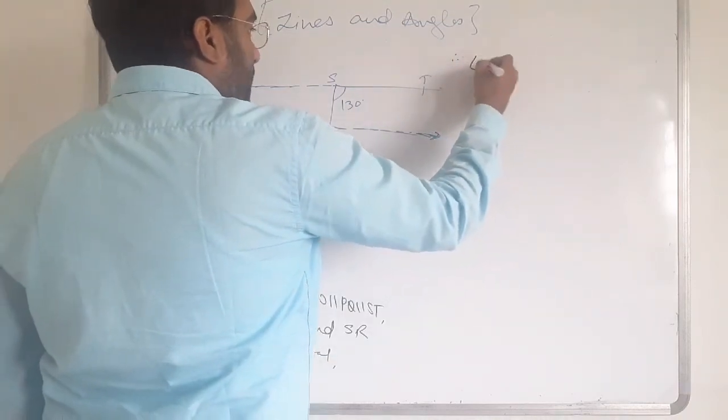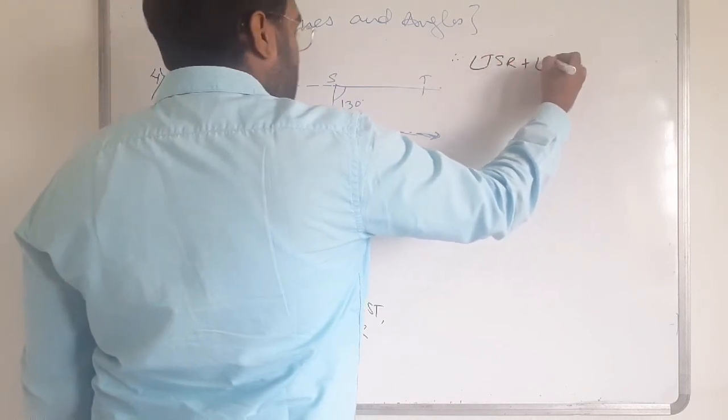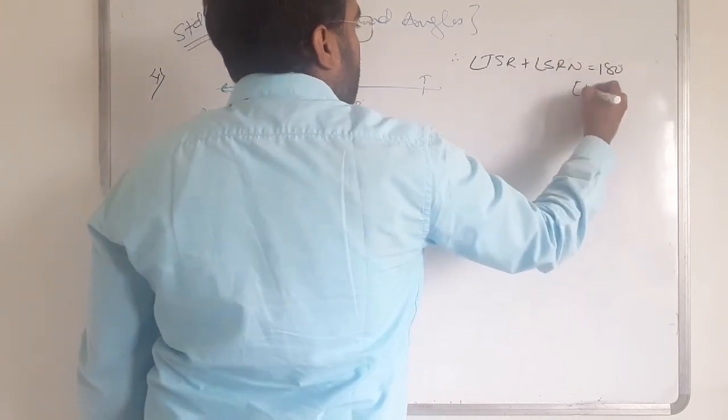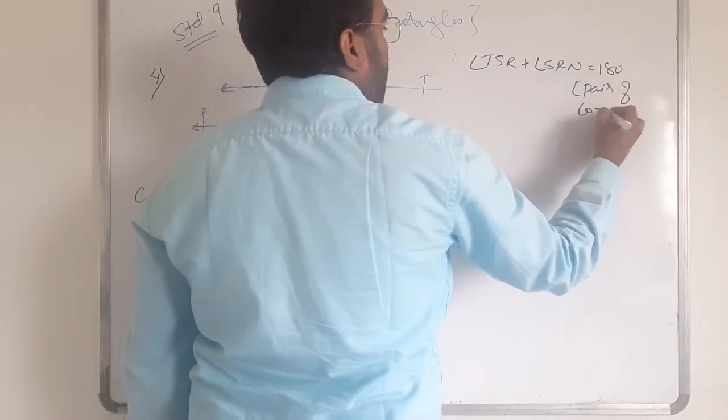Therefore angle TSR plus angle SRN is equal to 180 degrees, pair of co-interior angles.